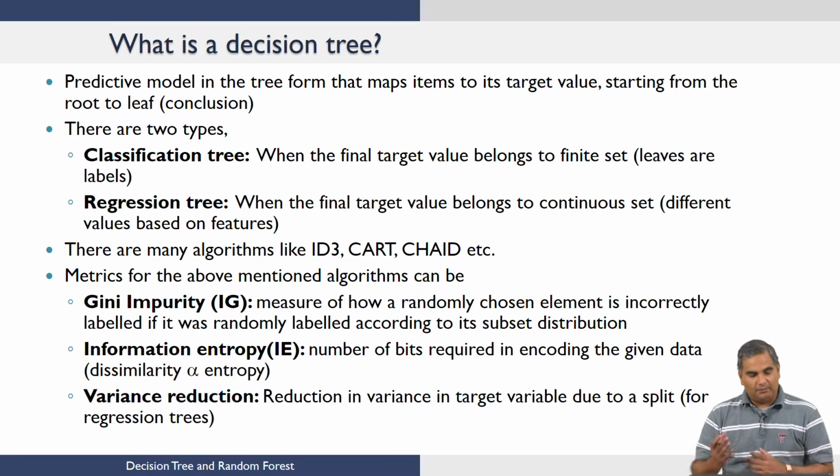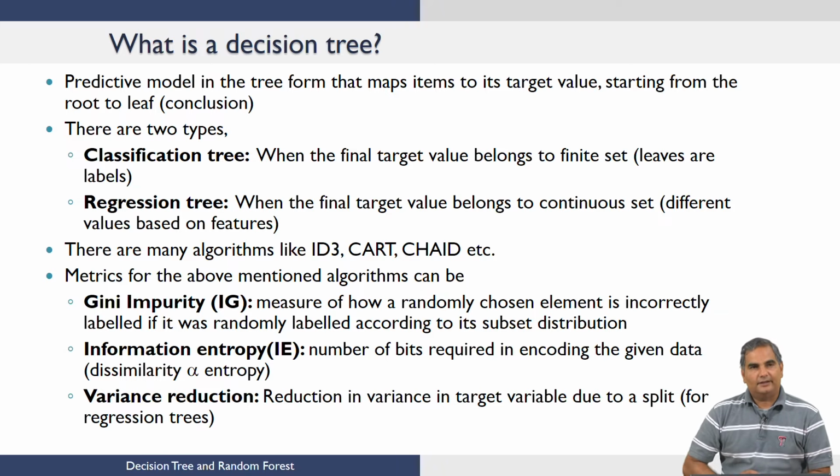And there could be multiple metrics, and Gini impurity, information entropy, or variance reduction are metrics that are used. Typically Gini impurity and information entropy are used when you have classification problems, and variance reduction is a metric that is used when you have regression problems that you are trying to model.